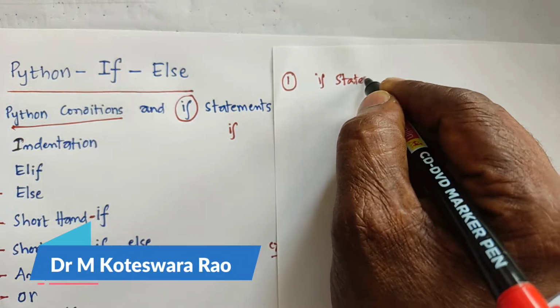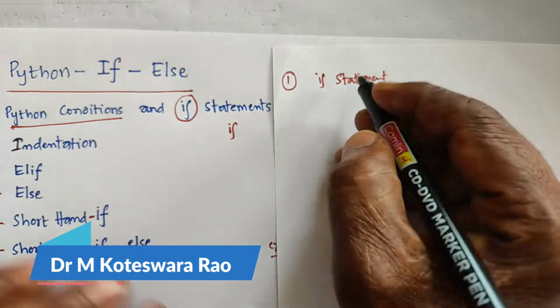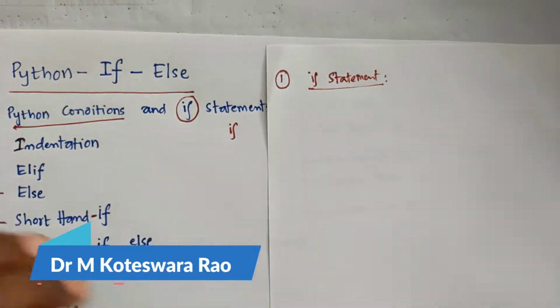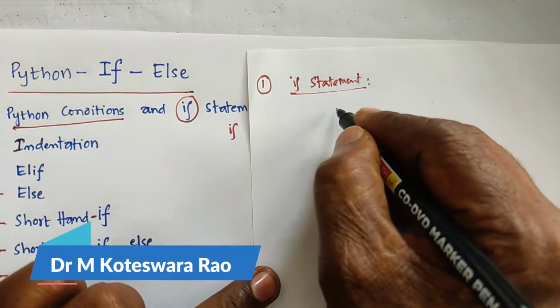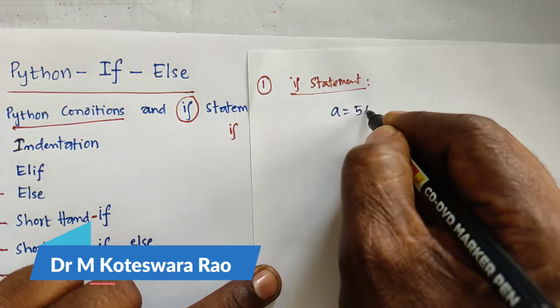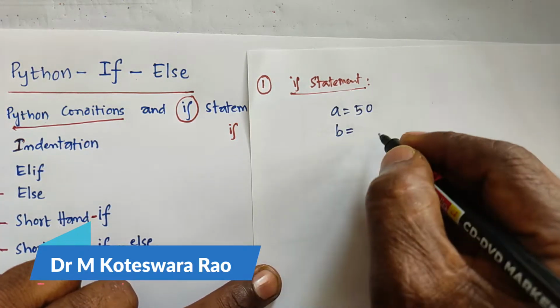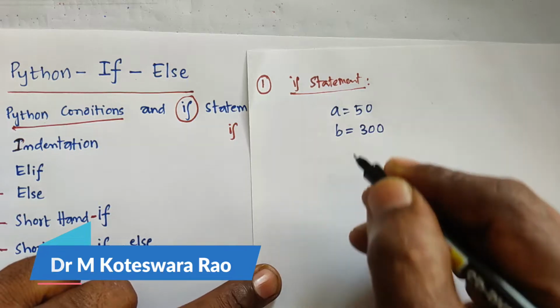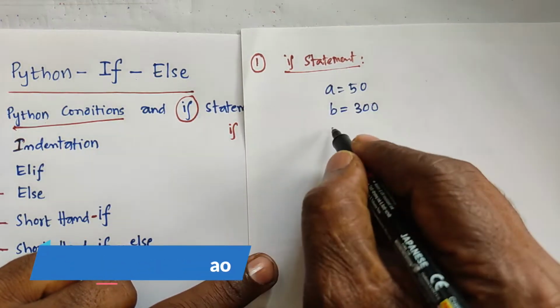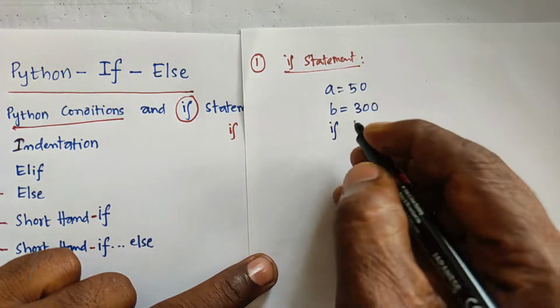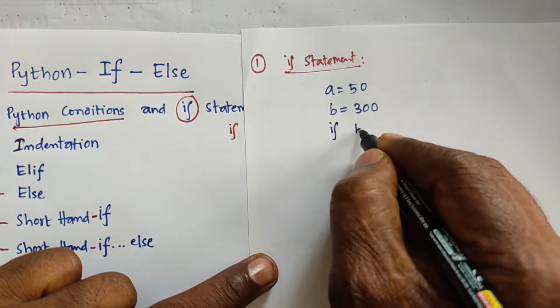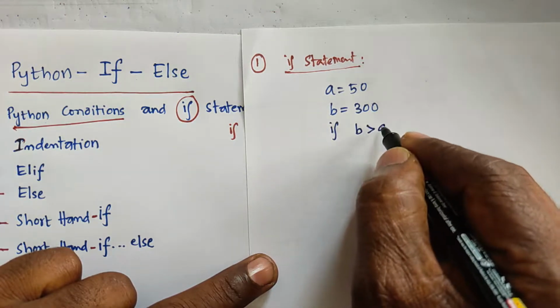It can be represented with a particular example. If you take a is equal to 50 and b is equal to 300, then you write if b is greater than a.